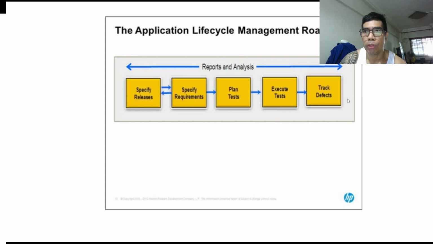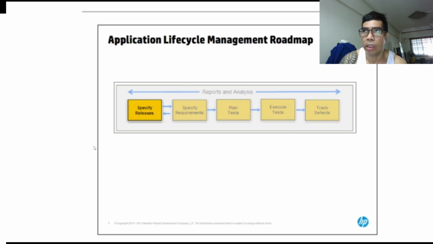After that, they will track defects. Another example is a newly developed application, for example a booking system, where each page and each functionality should be separated into a release. Today I'm going to discuss specifying the releases.